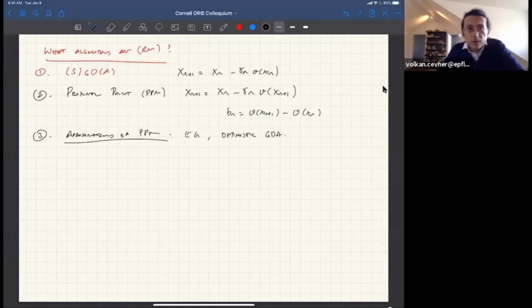Here, I'll just give you the extra gradient version. You first take a gradient step and then take the gradient at the gradient step and update the point.